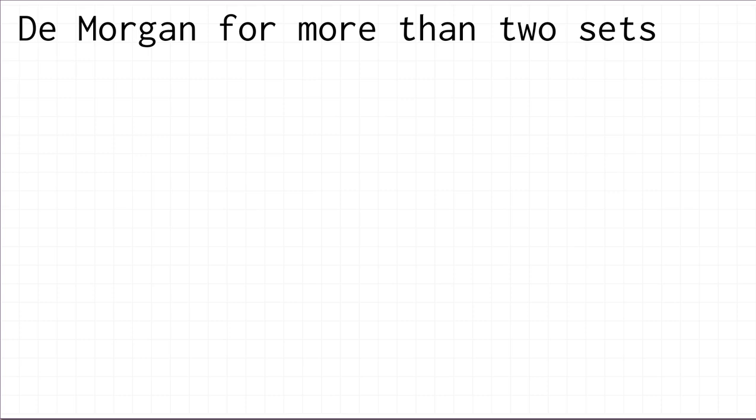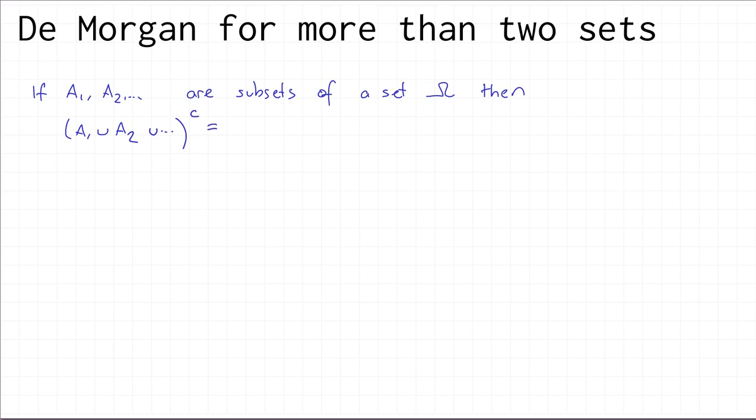More generally, if A1, A2, and so on are all subsets of a set omega, then the two generalizations are that, first of all, if you look at A1 union A2 and so on, and then take the complement of this, that's the same as the complement of A1, intersect the complement of A2, intersect, and so on.